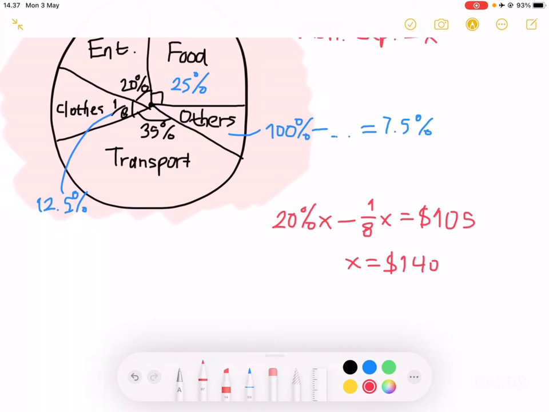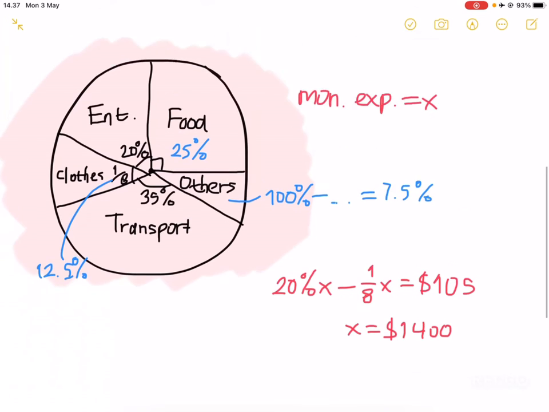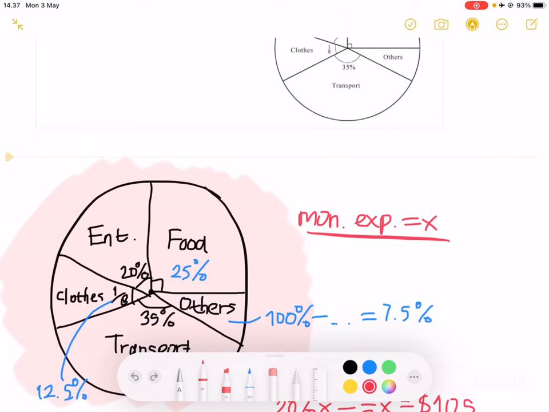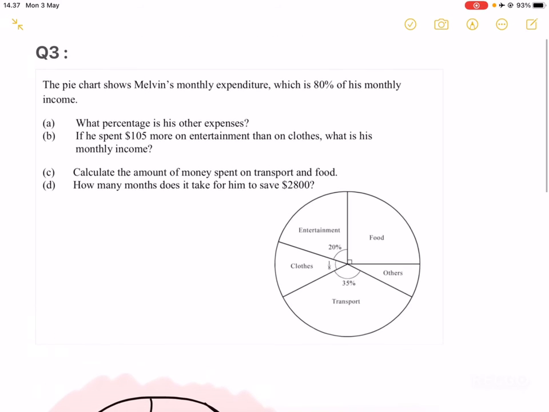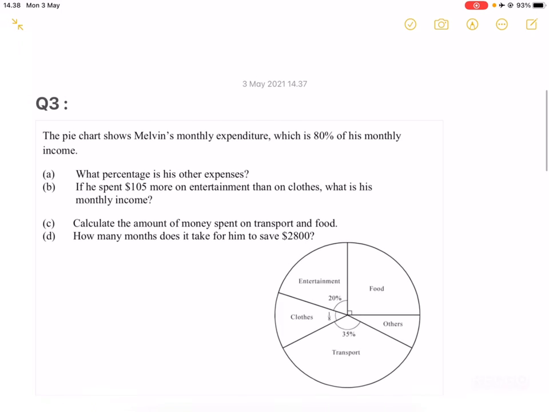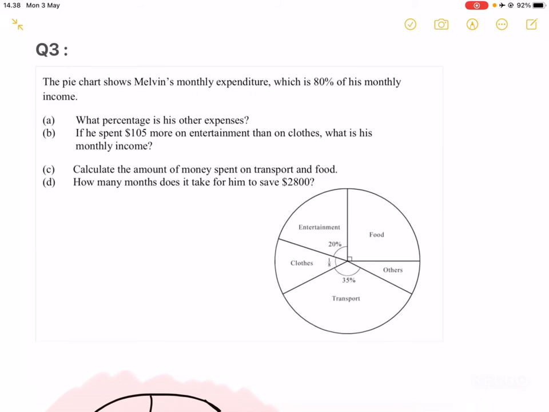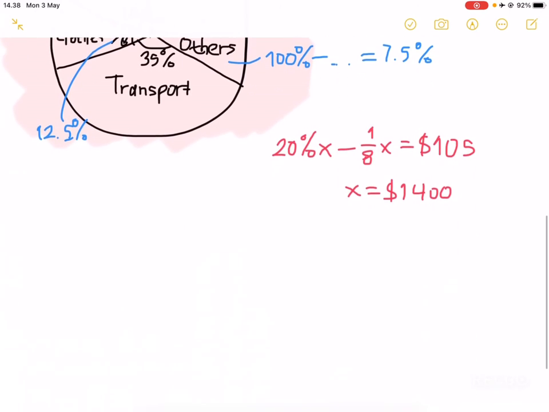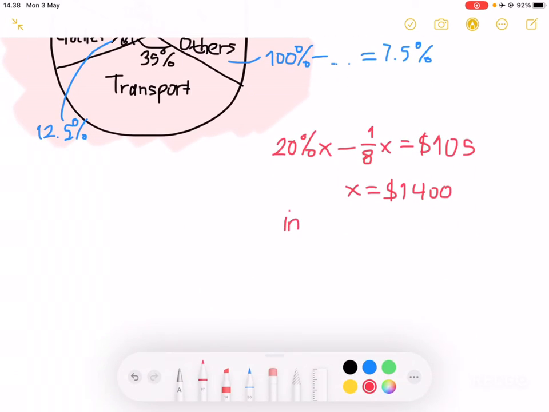But this is not yet the answer, since we have only found the monthly expenditure and not the total monthly income. However, there's no need to worry because the question says that his monthly expenditure is 80% of his monthly income, so his income will be $1,400 times 100 over 80.